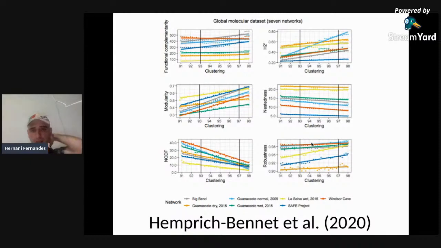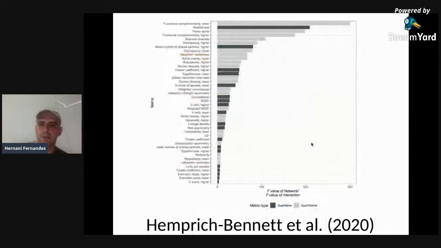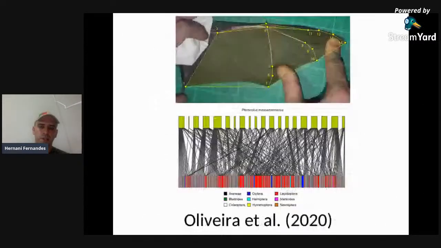We have seen that some metrics, such as nestedness and modularity, suffer much less effect from clustering data together or dividing things into different species more easily, depending on the clustering threshold. We show here a table of which network metrics are more resilient or more consistent in their response to these thresholds.